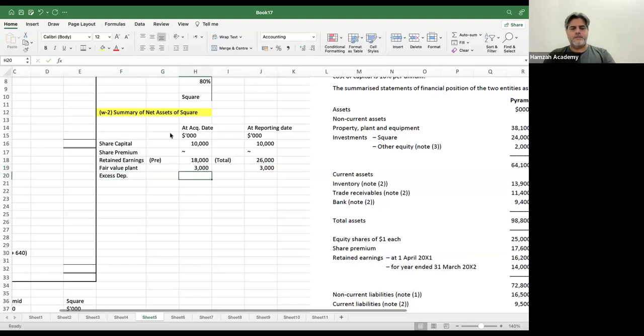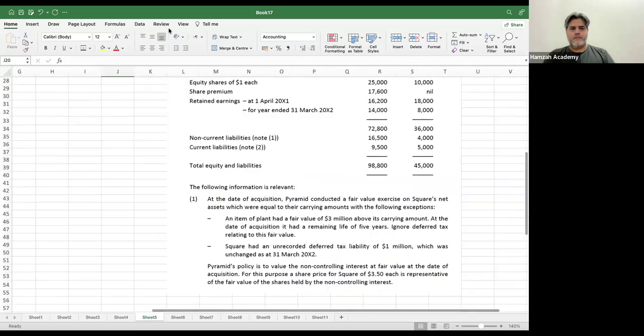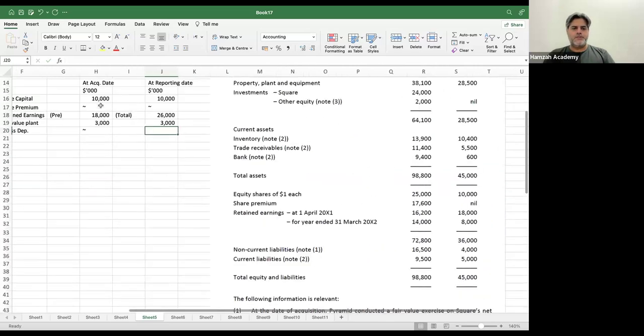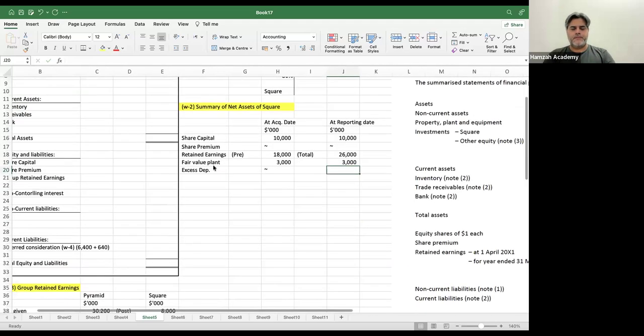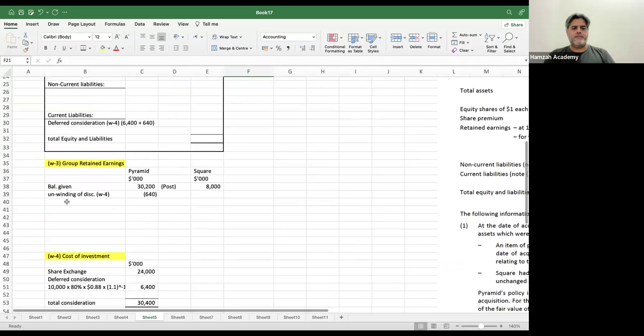Excess depreciation is 3 million by 5 years, so excess depreciation here is 600.